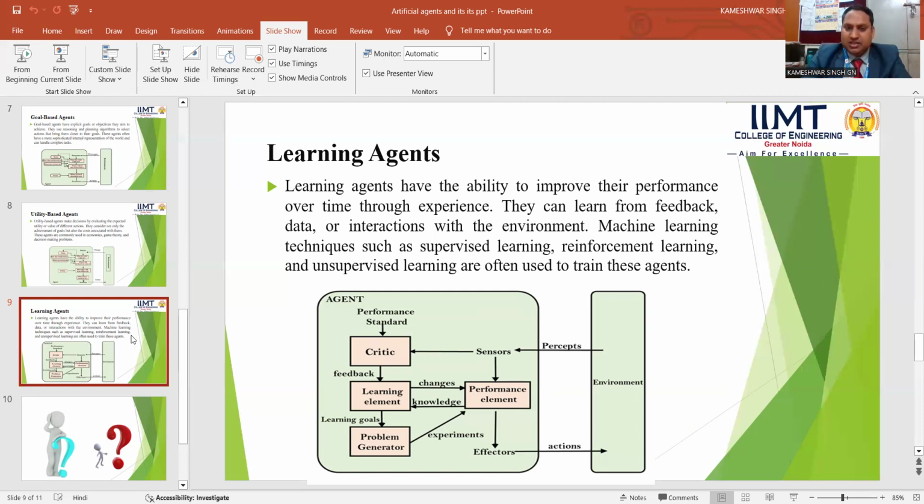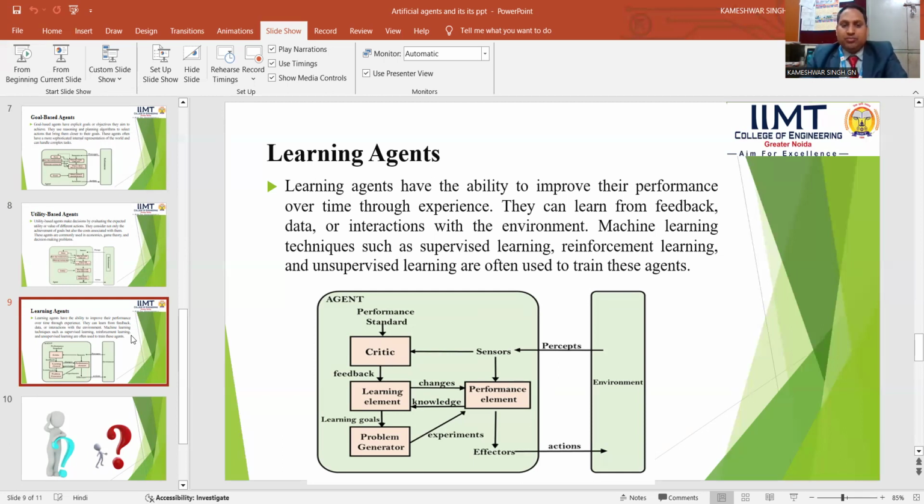These agents take input from the environment through perceptions. After that perception, there is the critic. Critic means what? It knows which situations are perfect.